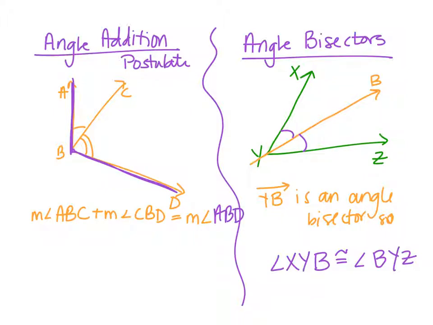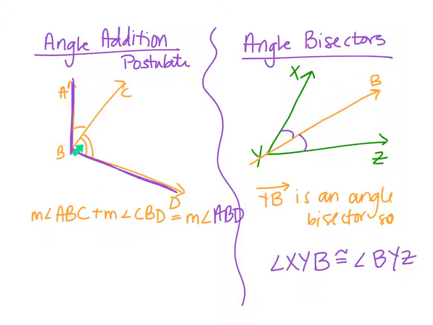Now the last thing I just want to make a note of for you is that notice on the angle bisector, I used one arc, like one little arch, on each angle. That denotes that they're congruent, the same way that the little tick marks on segments denote that they're congruent. For angle addition, I don't know that these two pieces are congruent.